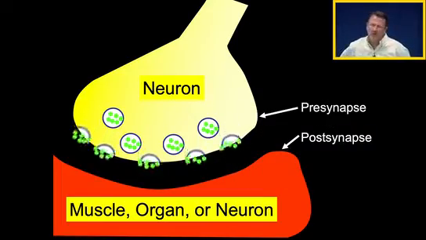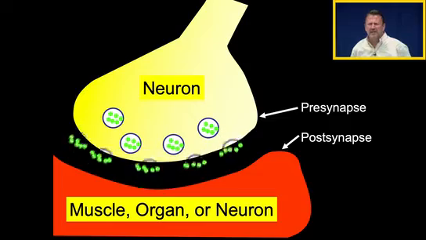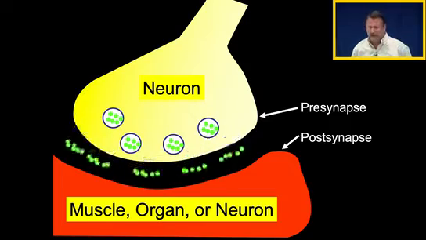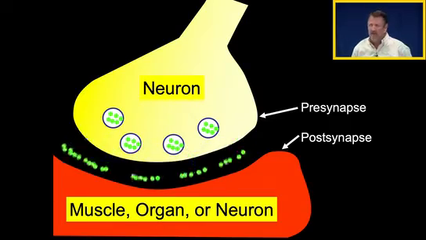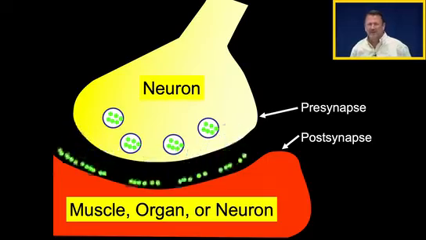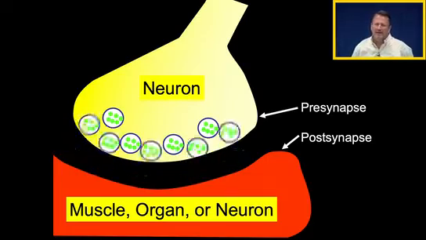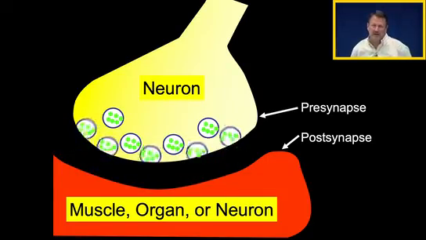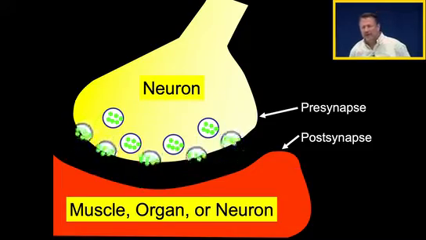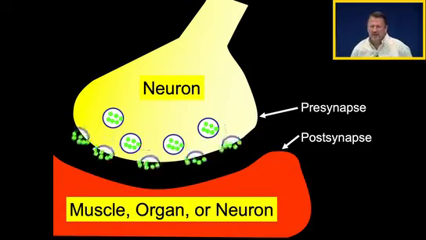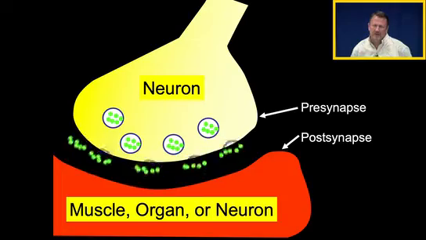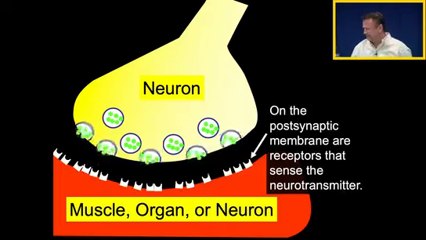All right, so now we know which is the presynaptic membrane. Well, the vesicles carrying neurotransmitter are released from the presynaptic membrane, and then that neurotransmitter is sensed either by a muscle or an organ or another neuron, depending on where it is, by this postsynaptic membrane.